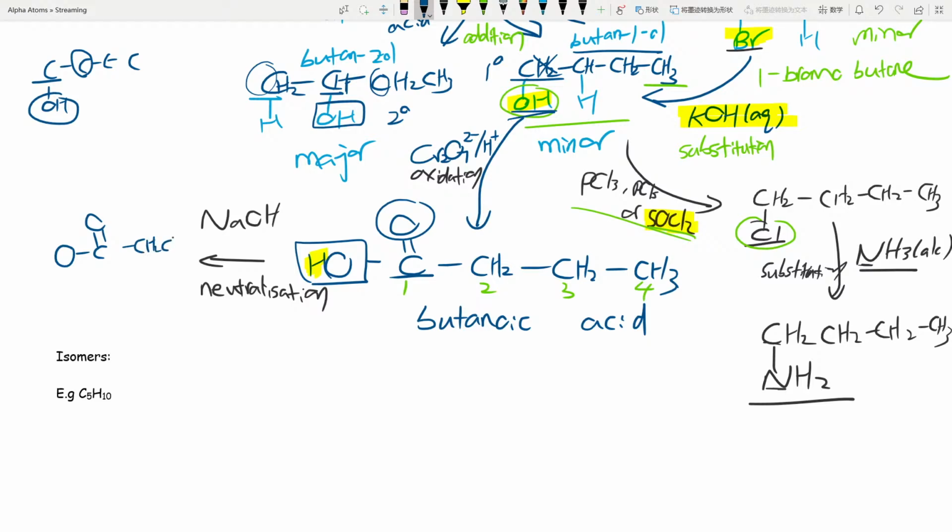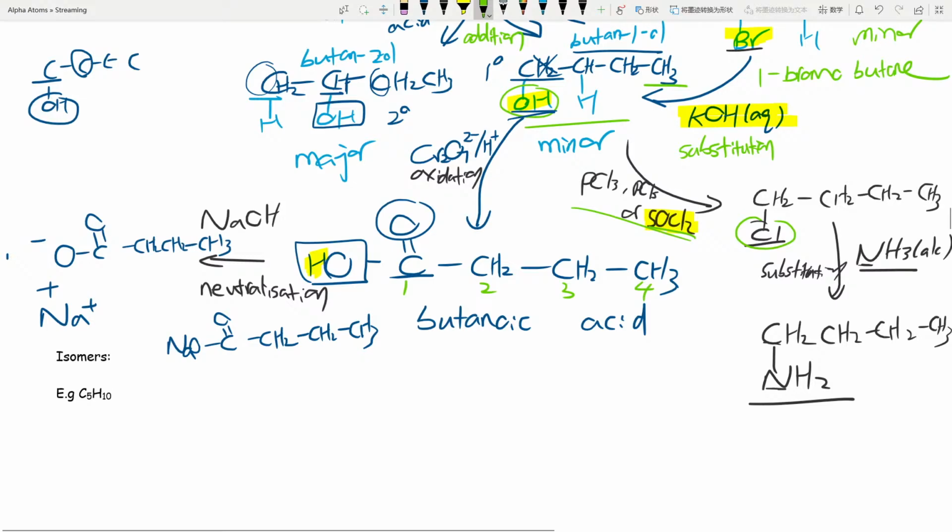Everything else is kept the same, but that will become COO minus because you lost the H plus, and then you should technically combine this with the Na plus, so that should be written as COONa, and then the rest of the molecule. So this is called sodium, not ethanoate, butanoate.